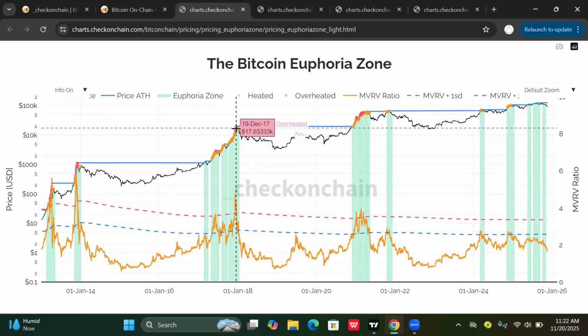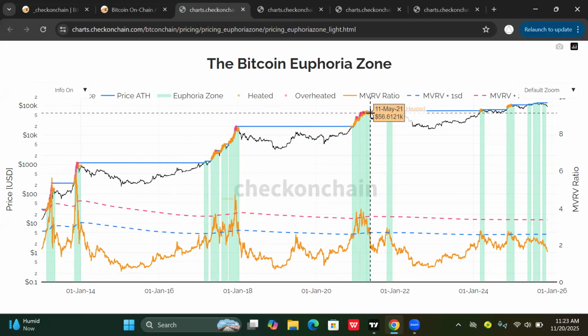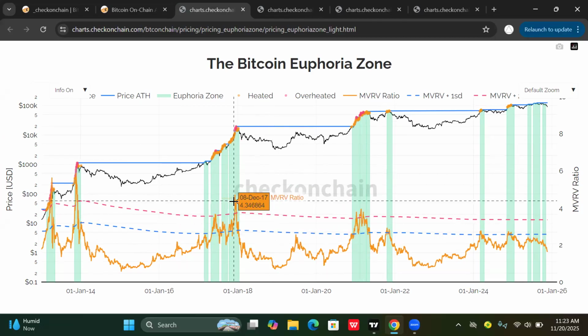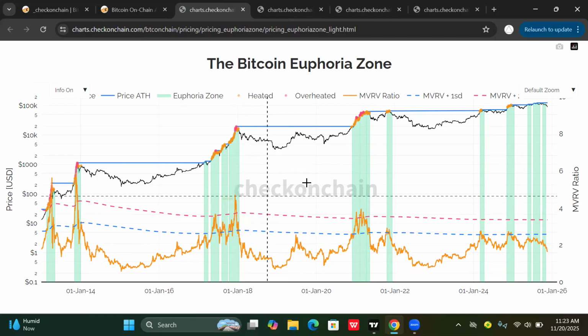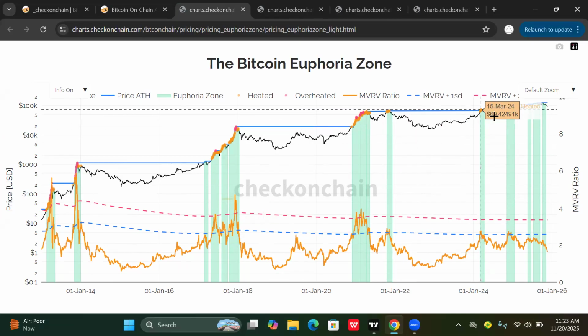So the euphoria here, it tops out, goes down, euphoria, euphoria, euphoria, and also another euphoria zone here. It's heated. MVRV ratio is heated. We've got euphoria here.